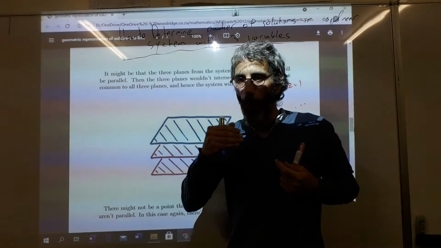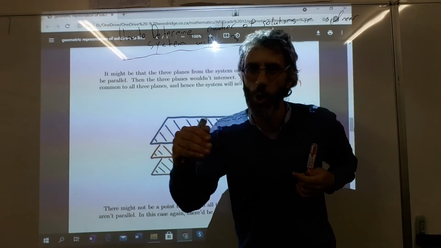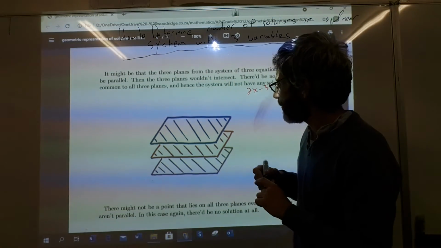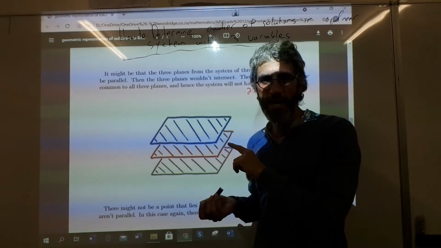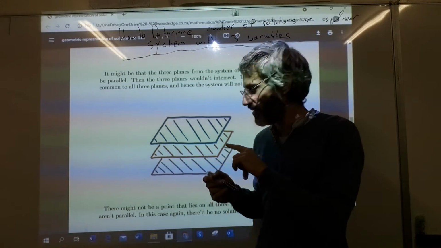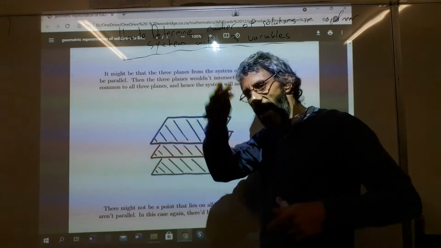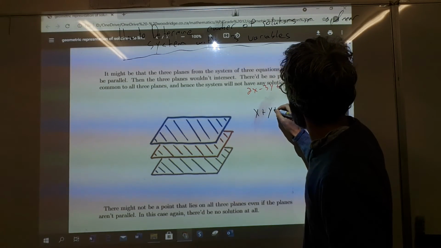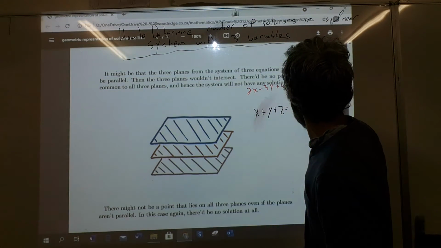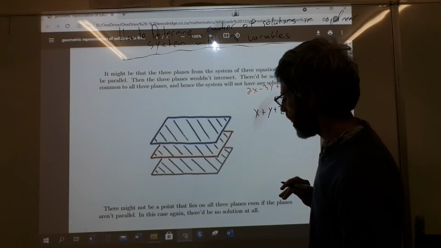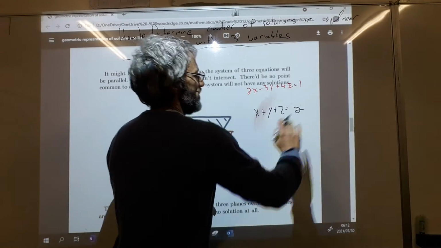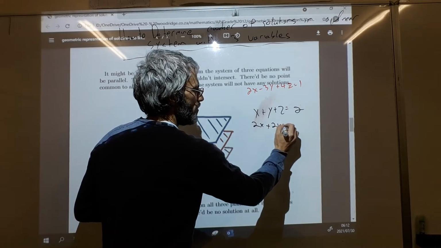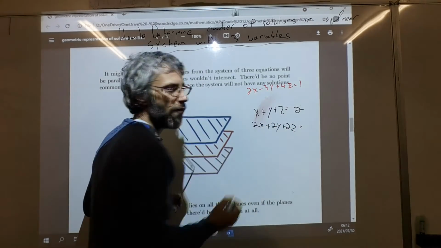Now here I'm going to push a little bit forward. Again, I haven't really seen questions like that, but you never know. It would be nicer if we can recognize a linear system like this without solving everything. Let me show you an example. Let's say x plus y plus z equals 2. If I double this equation, I get 2x plus 2y plus 2z equals 4.